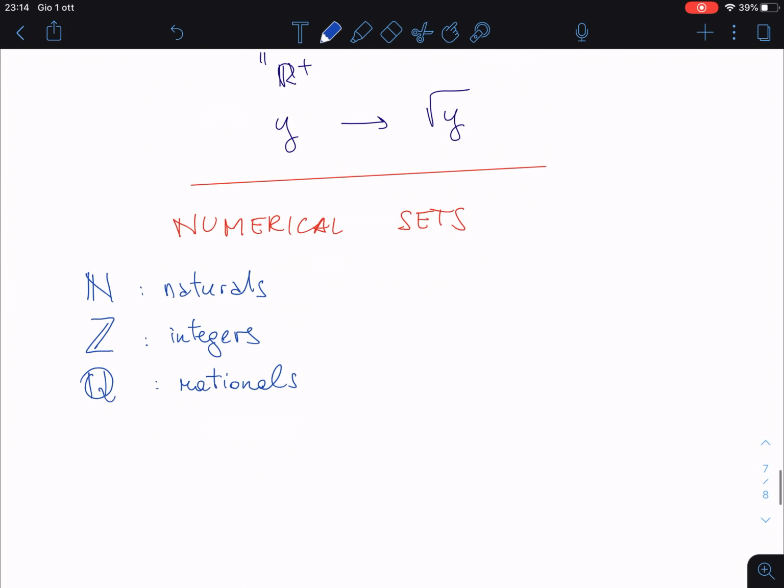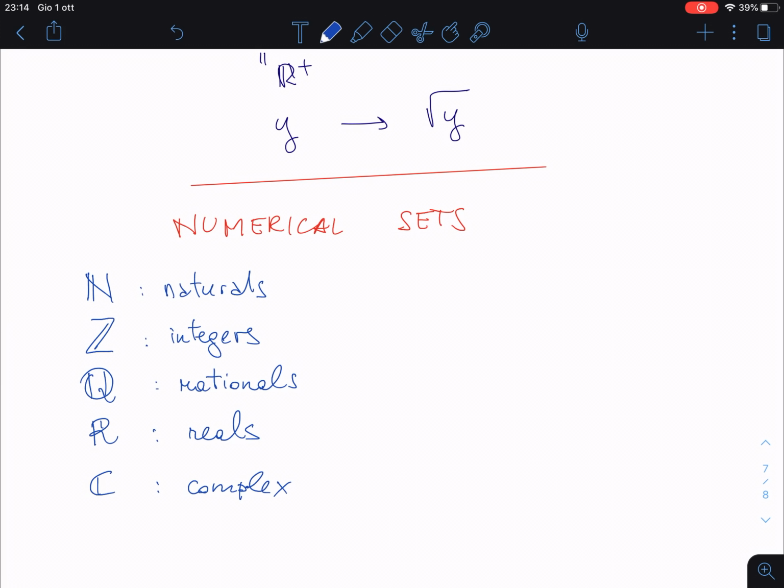And the last set, which will be the natural environment of our analysis, is R, real numbers. Of course, there is another set which is extremely important, not only from the mathematical but also from the physical point of view, which is the set of complex numbers. And we will meet this set later in our course in December.